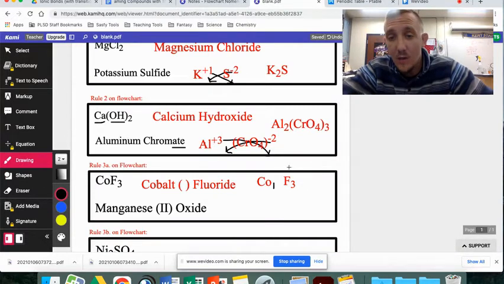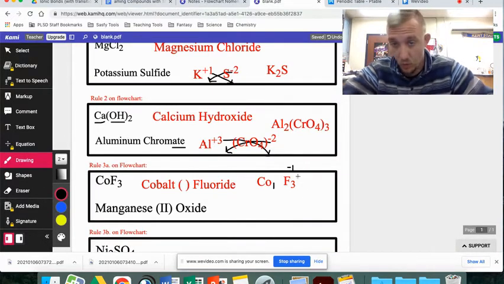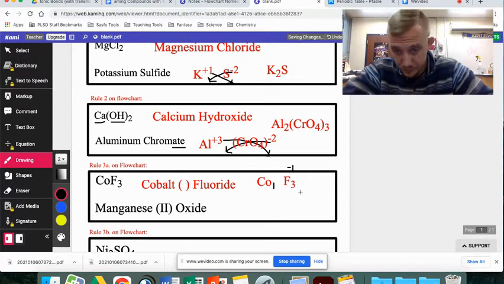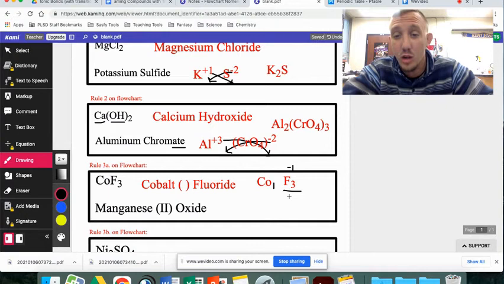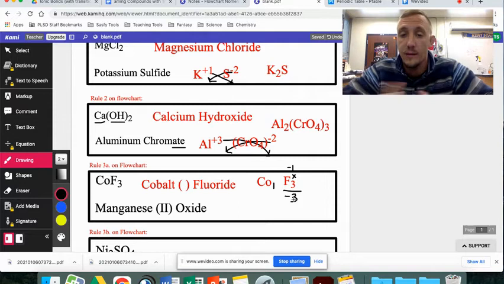So I have fluorine, which has a -1 charge, but I have 3 fluorines. So my total charge right now is -3, because I have 3 fluorines, each at a -1 charge. 3 times -1 is -3.